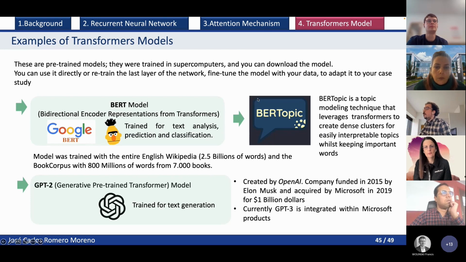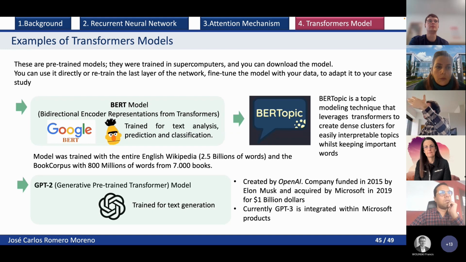Another open source tool based on transformer models is called BERTopic. BERTopic is a topic modeling technique. If you don't know, a topic modeling technique is a machine learning technique able to abstract from a text, clustering and summarizing all of the words in a text into groups according to their meaning.